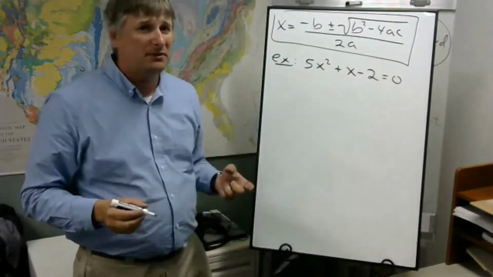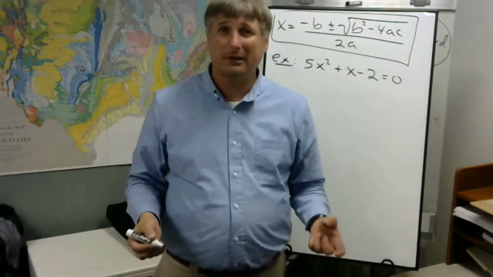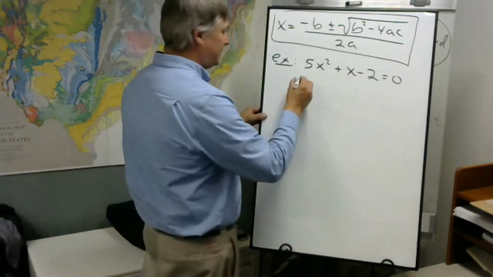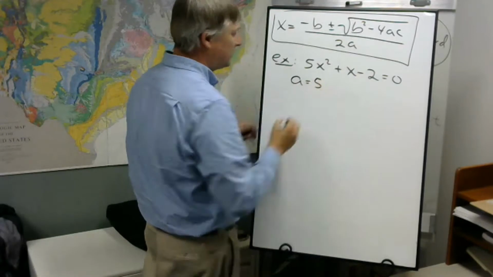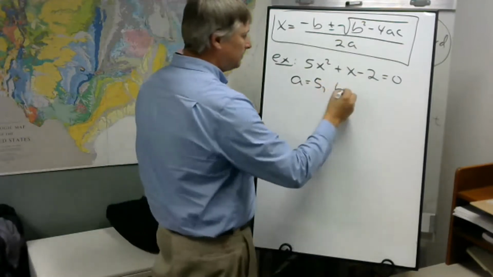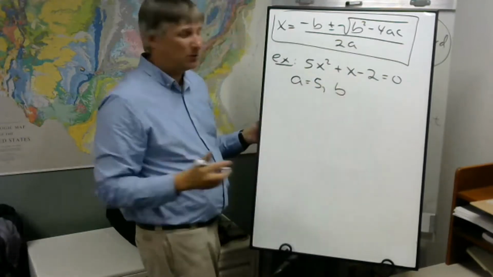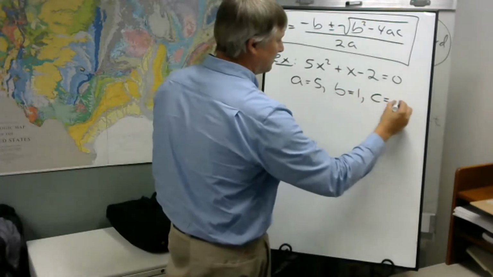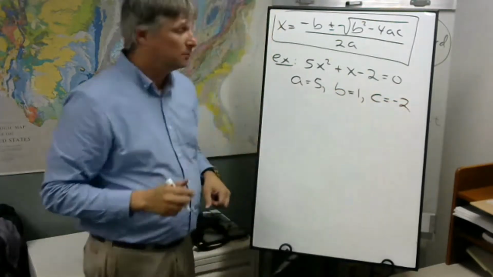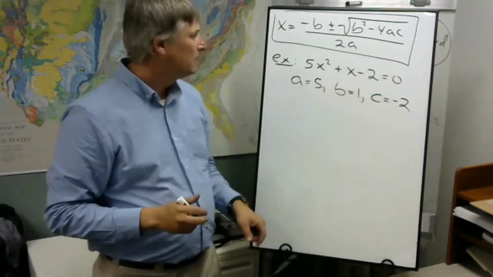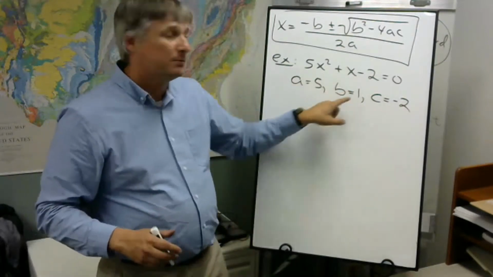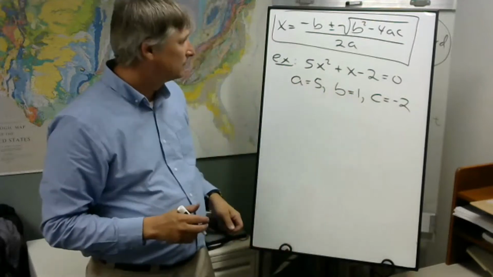The key thing with this is identifying your little a, your little b, and your little c. So in this case, little a is 5. Little b is that invisible 1 coefficient. Little c is going to be -2. The negative goes along.